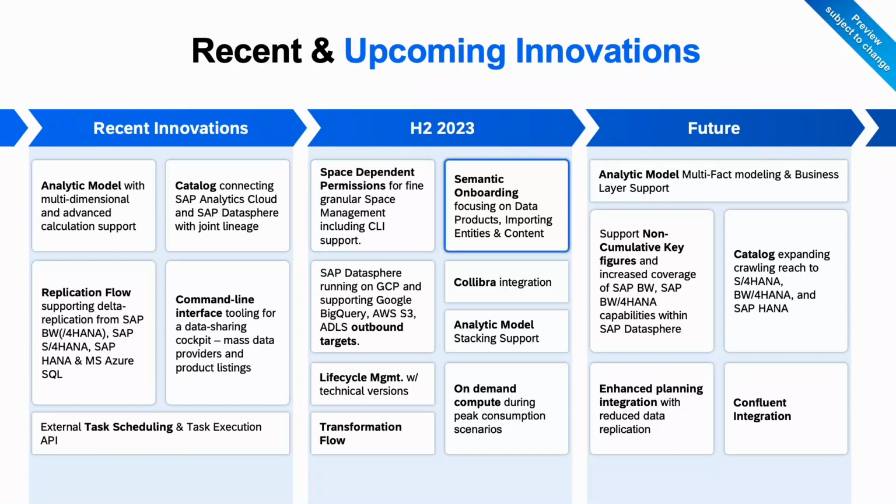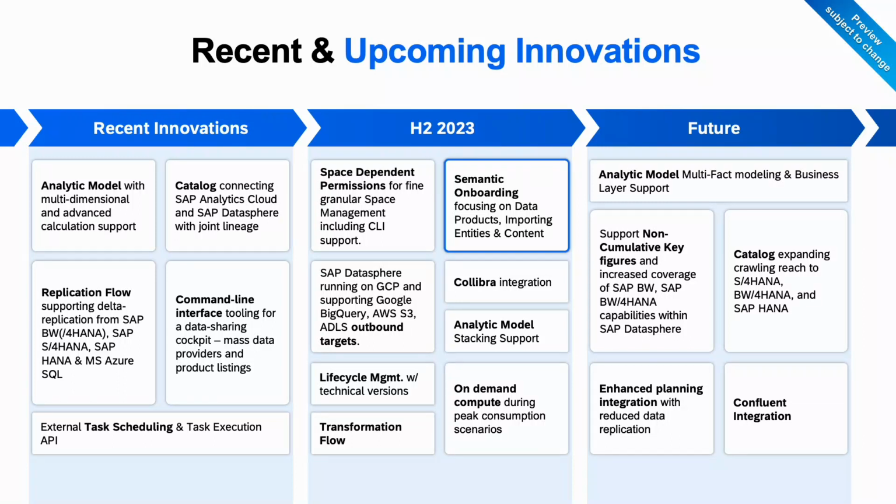Looking at semantic onboarding, SAP Datasphere will allow to ingest, hence onboard, not only SAP data, but also all the semantics around it in such a way that manual rebuilding exercises should be reduced or can be completely automated. It focuses, of course, on data products at first, as well as entity import and content.